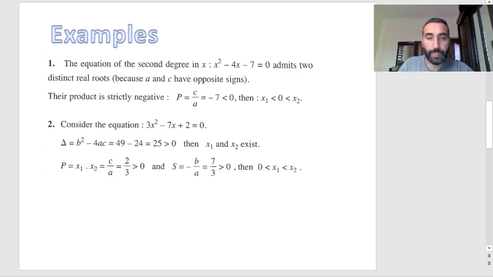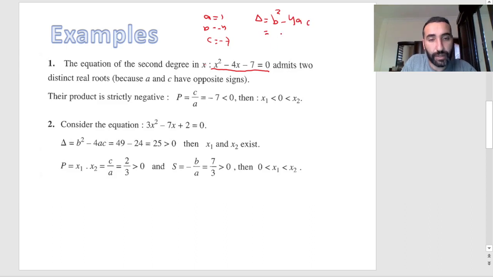First example: the equation x squared minus 4x minus 7 equals 0 admits two distinct roots. Let me see why. Why does it admit two distinct roots? What is A? Let me write it here. A is 1, B is negative 4, C is negative 7. Okay, so delta equals B squared minus 4AC.